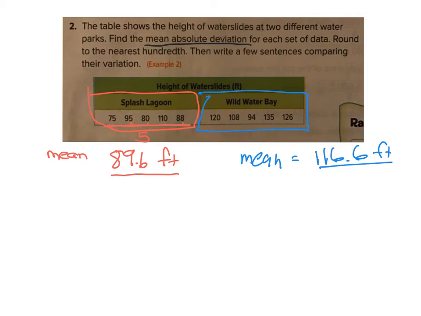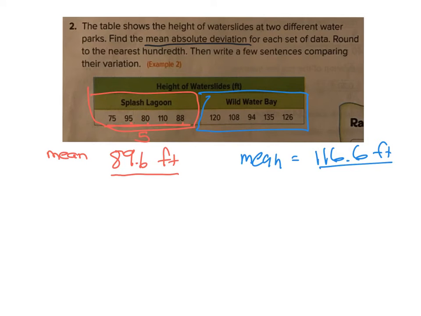So we can tell right now that the Wild Water Bay has taller slides. The average slide at Wild Water Bay is taller than the average one at Splash Lagoon. So if you're looking for a little height, you want to go to Wild Water Bay.